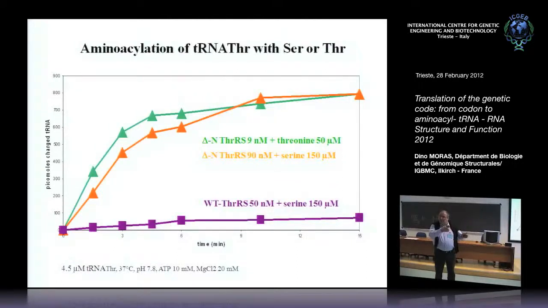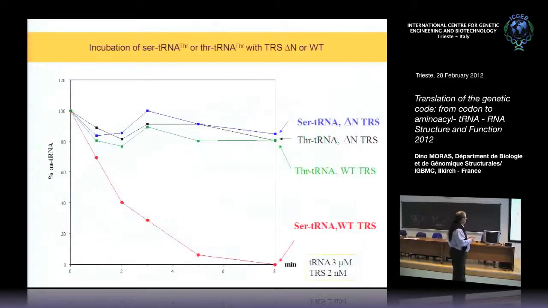You make a construct without the N-terminal domain, and you compare: the wild type doesn't charge serine, but the one where you remove the N-terminal part charges, of course, threonine, slightly better, but also serine. So indeed, this is the domain which carries the editing reaction. When it's not there, serine is charged about 3 times, I mean, not 10 times more. Okay, that is a control.